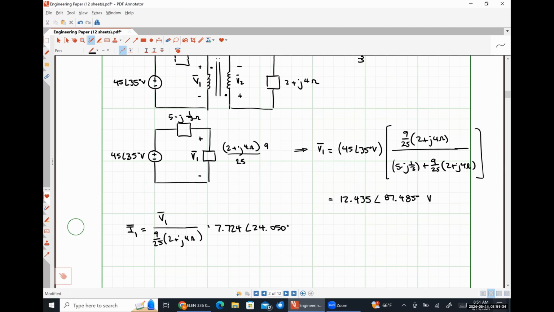Again, the angle is slightly different there because this angle was slightly different from earlier. So I'm not too particularly worried about that. Process is definitely correct.